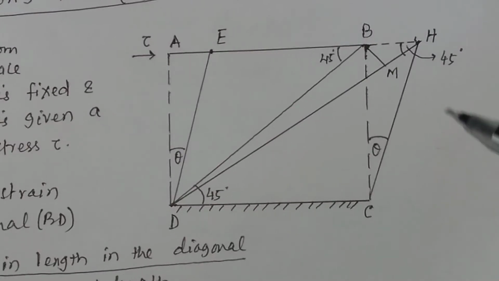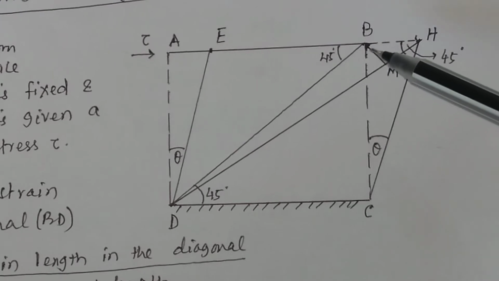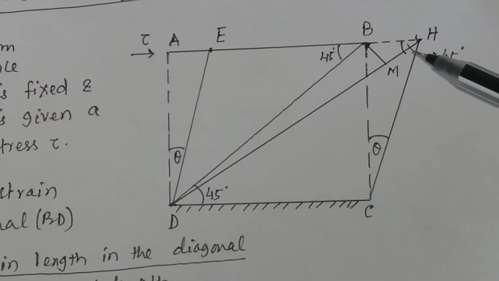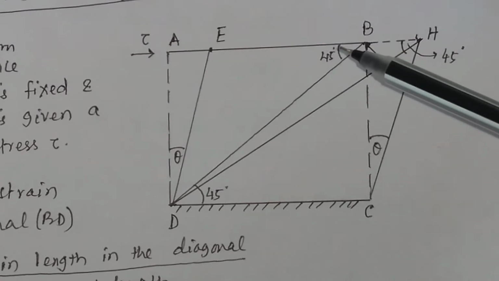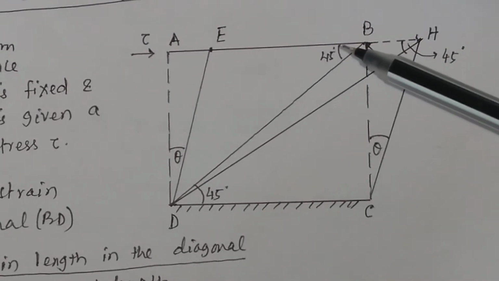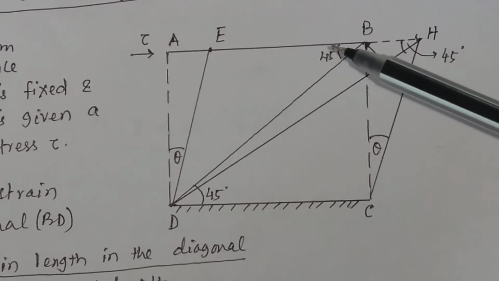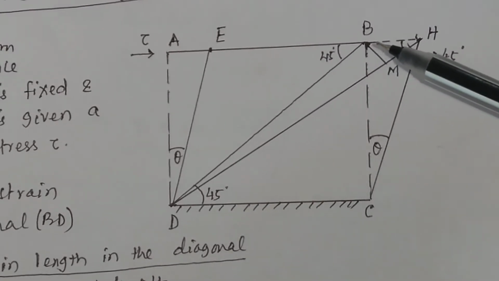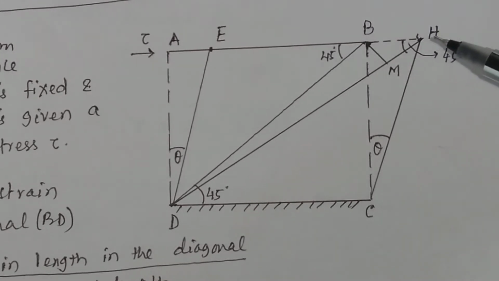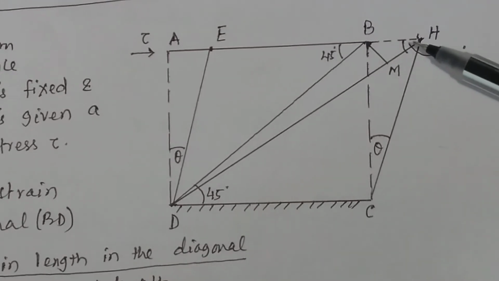Since the magnitude of BH is very small, this angle is 45 degrees, that is, the angle EBD. The angle EBD is equal to 45 degrees, and also the angle BHM, this angle also will be equal to 45 degrees.